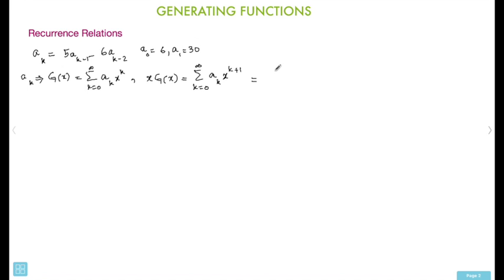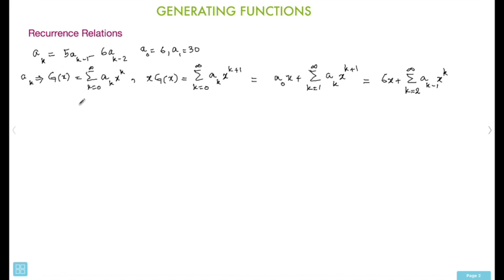So this is equal to a_0 x plus the sum for k equal to 1 to infinity of a_k x to the k plus 1. So then I can write it as 6x plus, and then I can start the summation from 2, the sum for k equal to 2 to infinity of a_(k-1) x to the k.